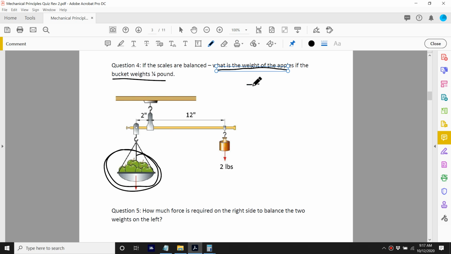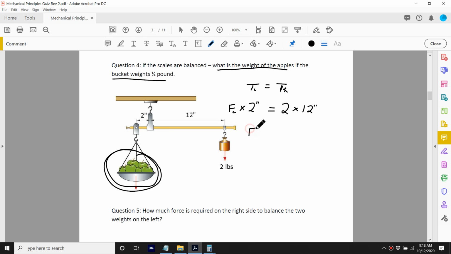So again, I write T L is equal to T R. The torque on the left is equal to the torque on the right. So I have F L, torque is equal to force times distance, you know that, is equal to 2 pounds multiplied by 12 inches.